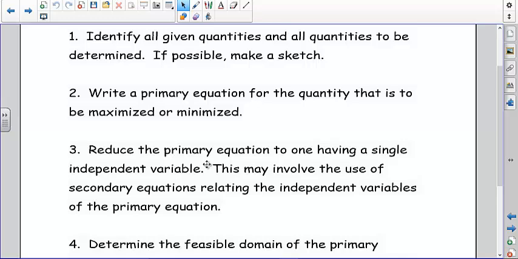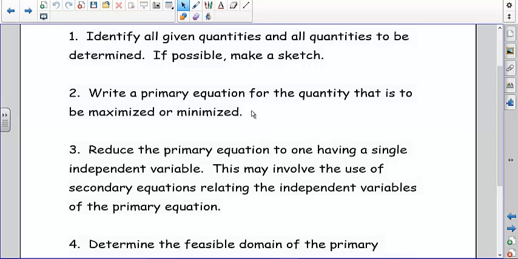Same kind of thing here. You typically take your secondary equation, use substitution into your primary equation to get it in terms of just one variable. Which again, we do that in physics, that's algebra. In this case, we're using it to come up with an equation and then take the derivative.